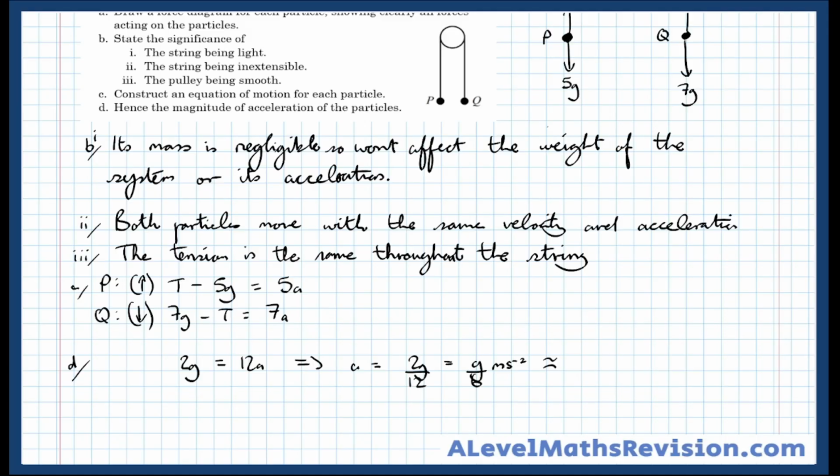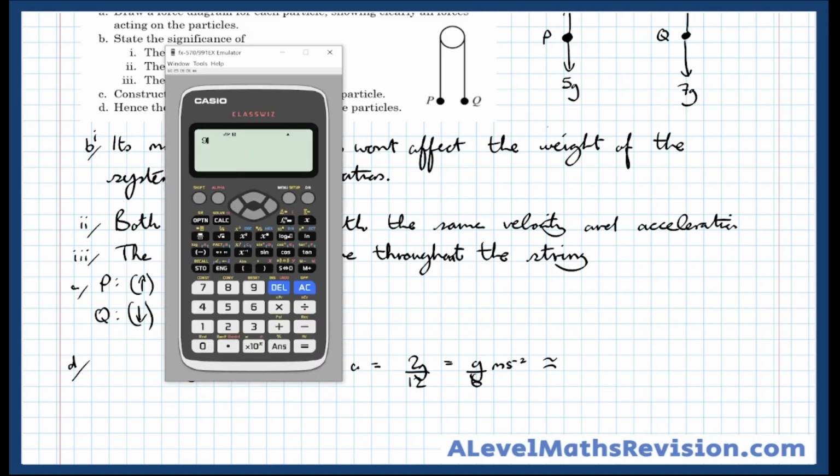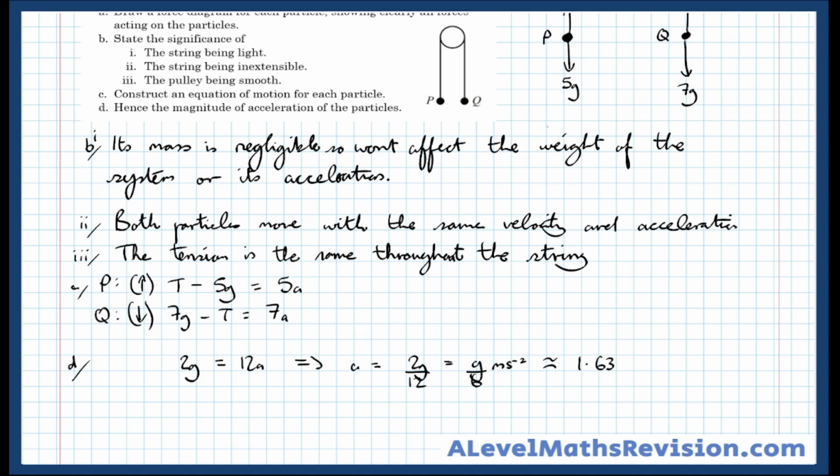And if we want to round that, 9.8 divided by 6 is equal to 1.633 meters per second squared. So in all of this, it's the same method every time. F equals ma for each particle. Solve simultaneously, then you get your acceleration and you get your tension.